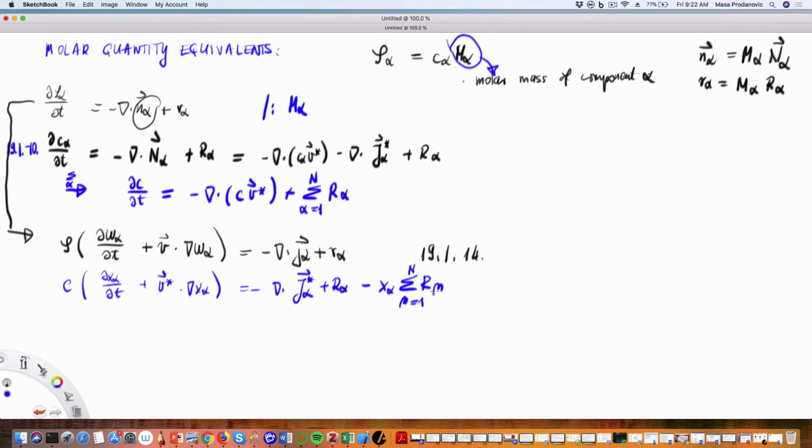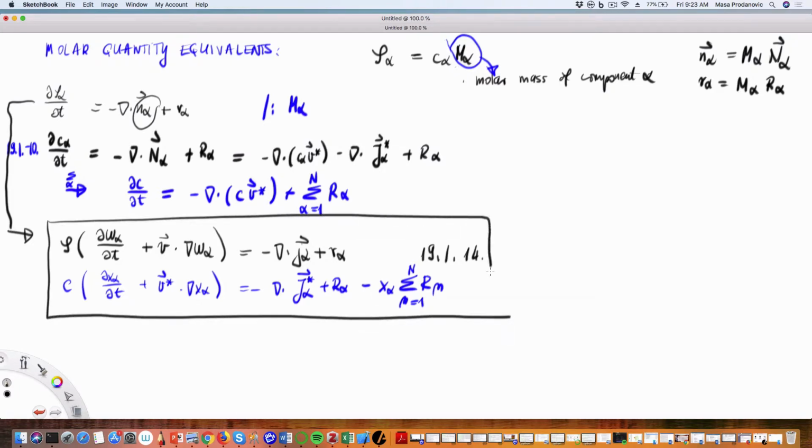This is beta. So these are your most common versions because most commonly we compute X alpha and omega alpha.